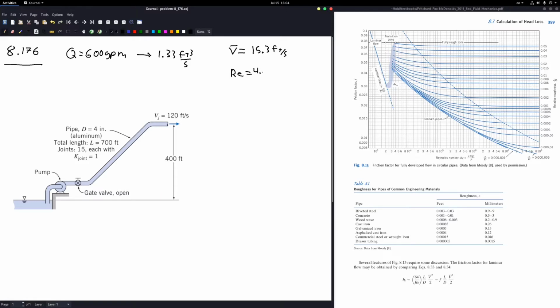So this means that our velocity is going to be 15.3 feet per second. Finally, knowing the velocity, we can also now find the Reynolds number, which is going to be 4.1 times 10 to the 5.